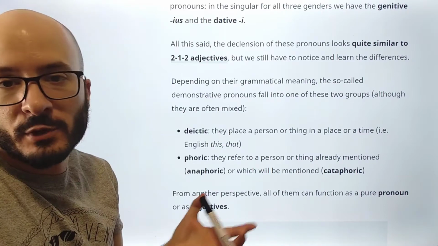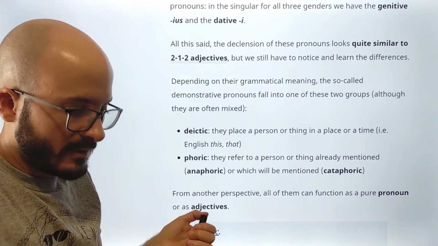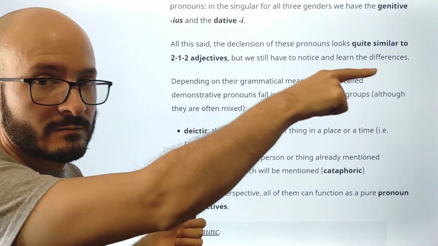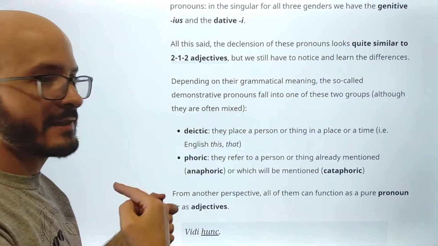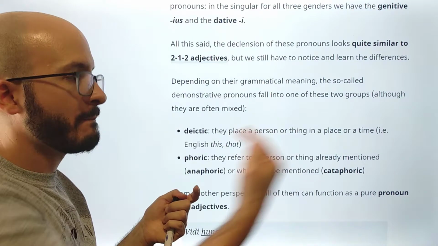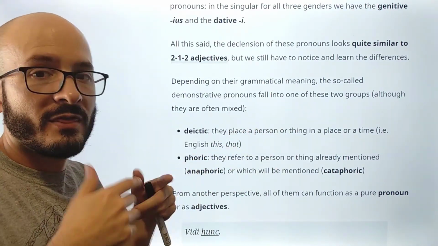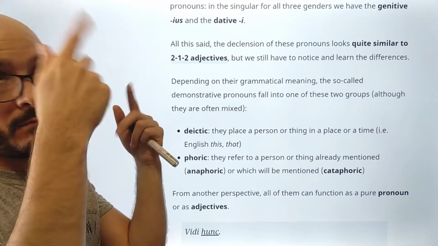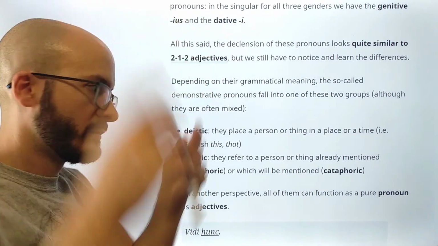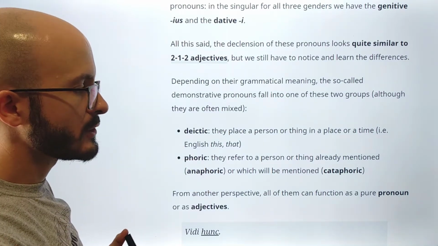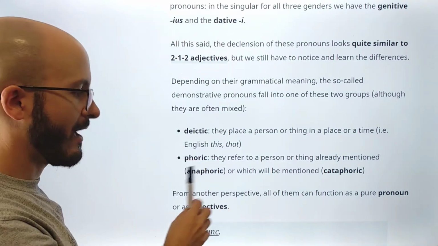So for example, pretty much in English, this, which is here, or that, which is there. So you see, this and that usually refer to place, but they can also refer to time. This time or that time, like further times. And then phoric: they refer to a person or thing already mentioned, anaphoric.